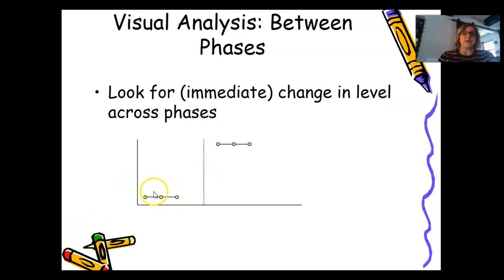If this is number of correct responses in baseline, we see a low level of correct responses and very stable data. With the implementation of the intervention, we see an immediate change in level, right? We went from low to high. Immediate change in level, steady responding, and no variability in student performance.